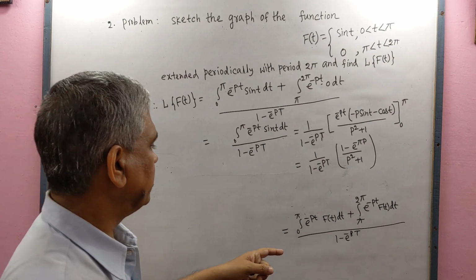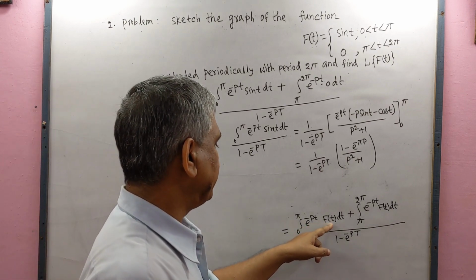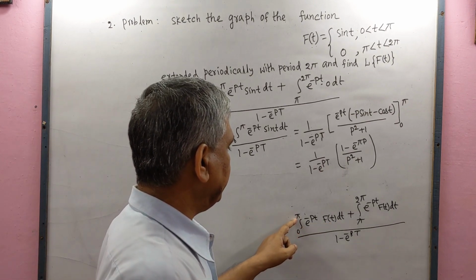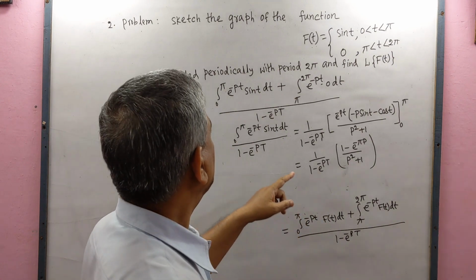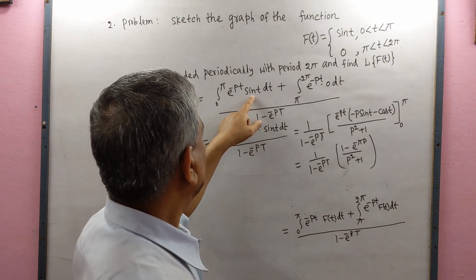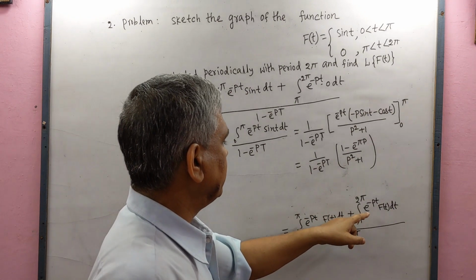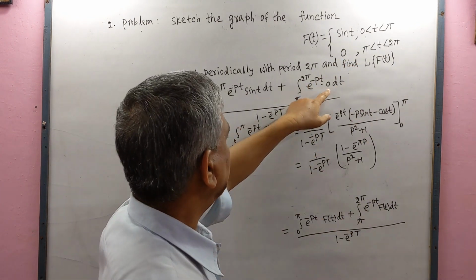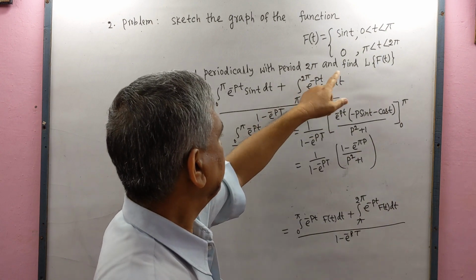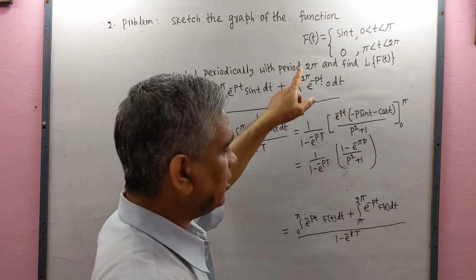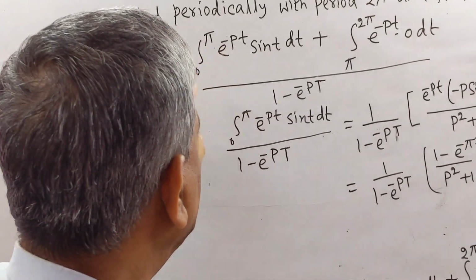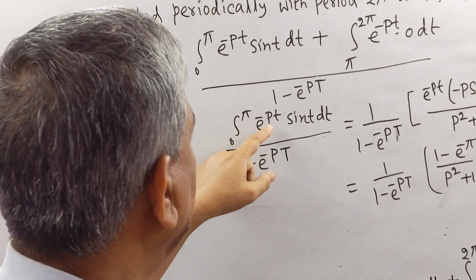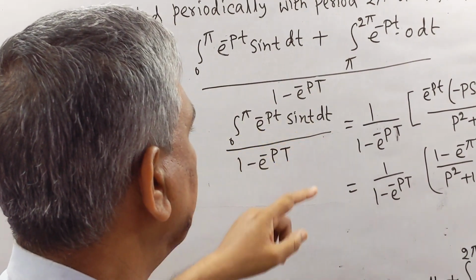Now we put the value of the function f(t) between 0 to pi, this is sin t, and the value of f(t) equal to 0 between pi and 2 pi, this is 0. So this term vanishes, only this term remains: integral 0 to pi e to the power minus pt sin t dt.